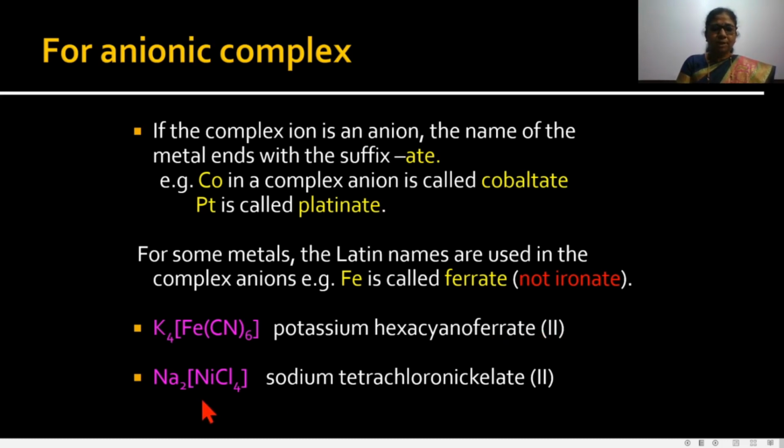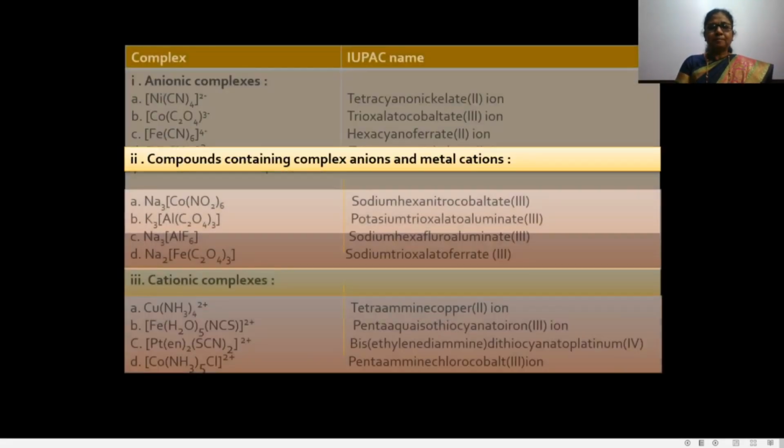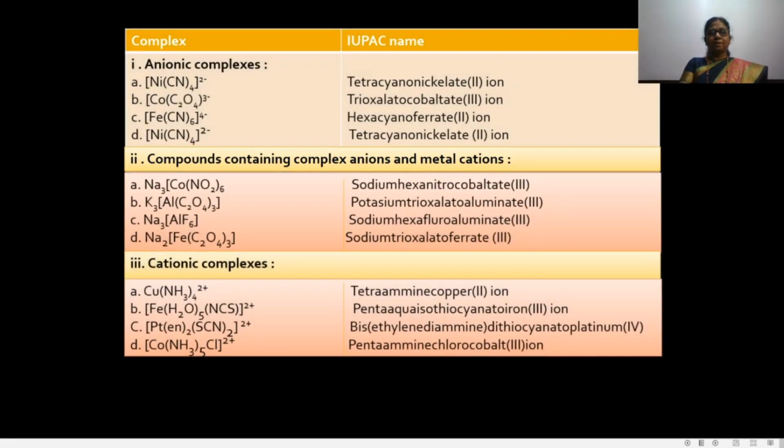In this way, in this example, sodium tetrachloronickelate and the oxidation number is two. In this way, we give the IUPAC name for the anionic complex. Now see some examples. First, anionic complexes. These complexes are anionic.